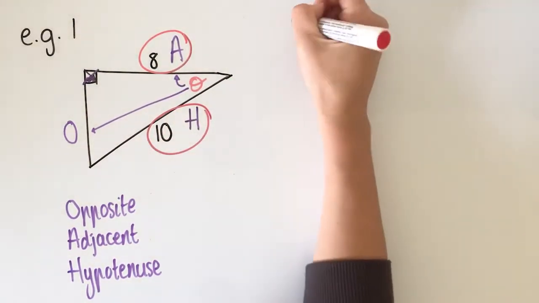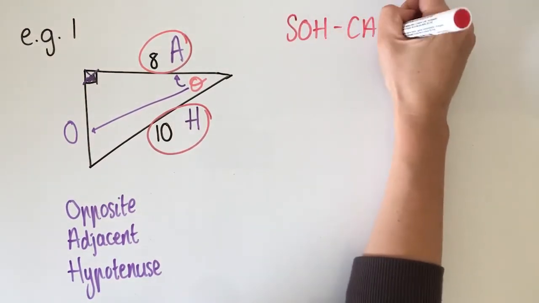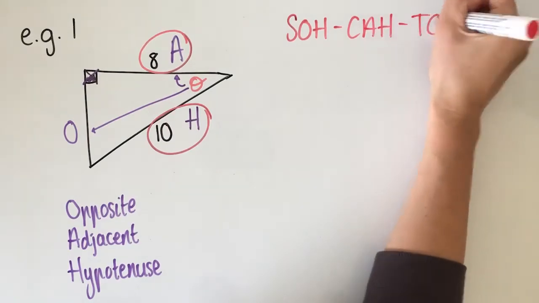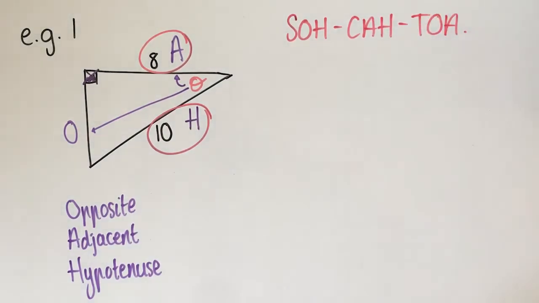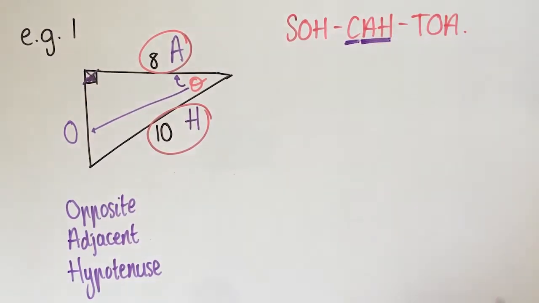So if I think back to SOH CAH TOA, I know that I have an A and an H. So that means I need to use cos.